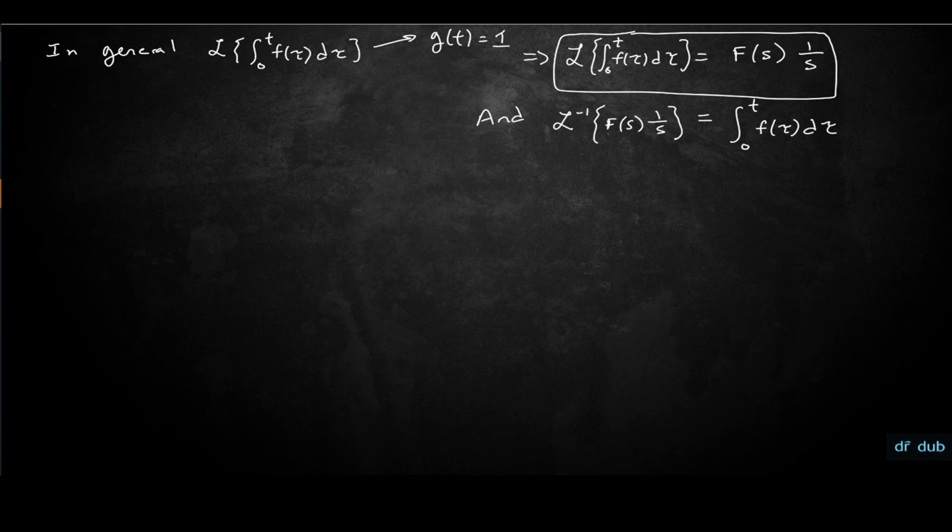For example, we won't do this one specifically, but we'll do the convolution theorem in reverse. So, example: find the Laplace inverse of 1 over s cubed times (s minus 1).